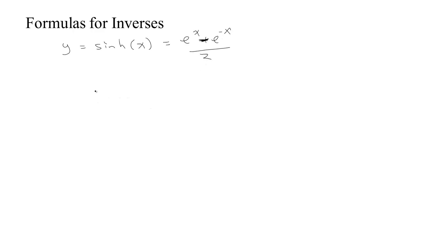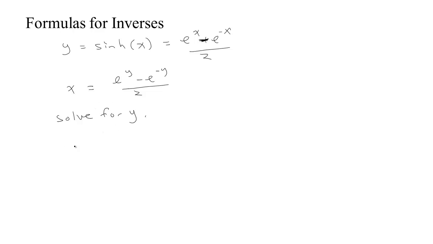So with that we can solve for the inverse by switching. For the inverse, the inputs would be the outputs, and the outputs would be the inputs. So I'm going to call y x, because the output is going to be the input for the inverse, and I'm going to call all the x's here y's. And my goal here to find the inverse is to solve for y.